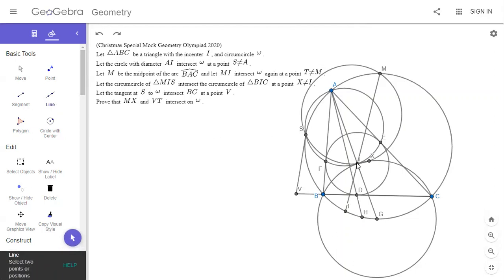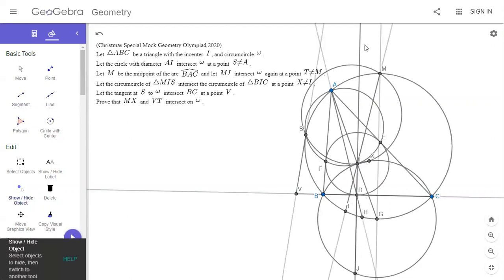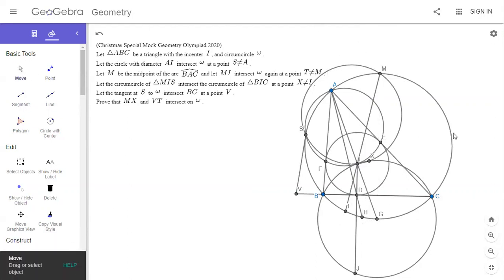Let's see. So if I let ID meet the circle at a point J, and then I want to show M, H, and J are collinear. That feels like it should be provable.